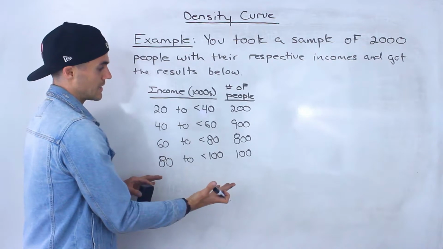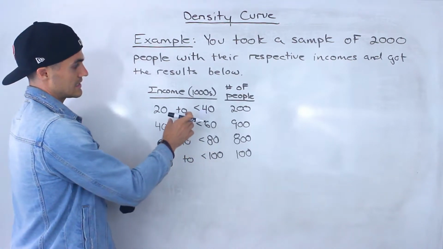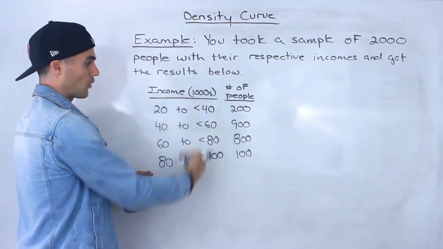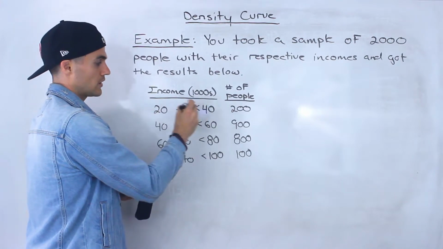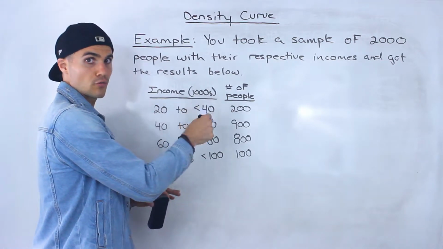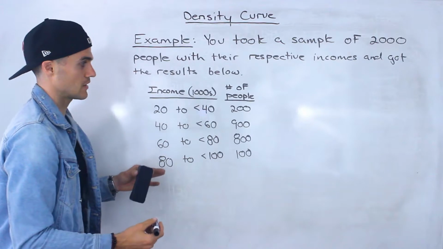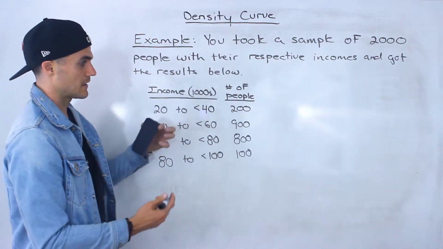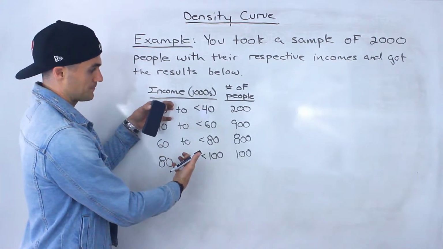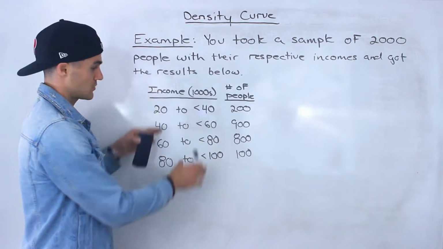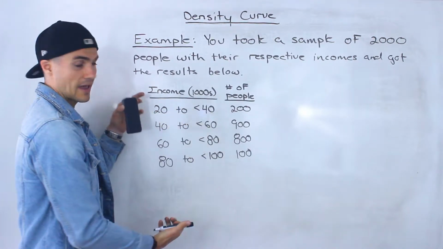And then that second table just has more intervals. So instead of going 20 to 40, it'll be like 20 to 30, and then 30 to 40, and then 40 to 50, etc., etc. So it's the same data, it's just that there's more intervals now. So the intervals are going to be smaller, and there's going to be more of them.